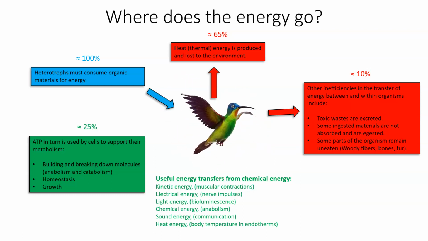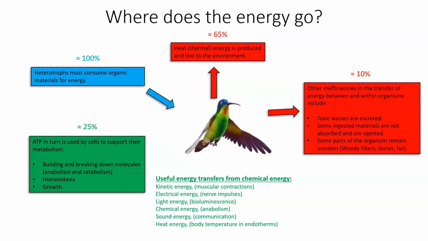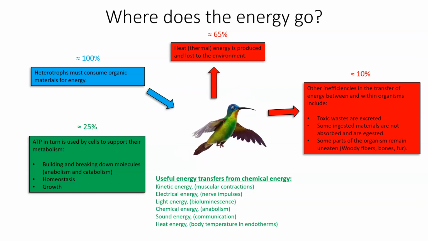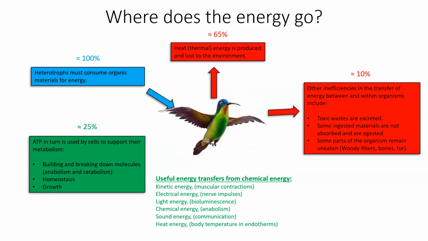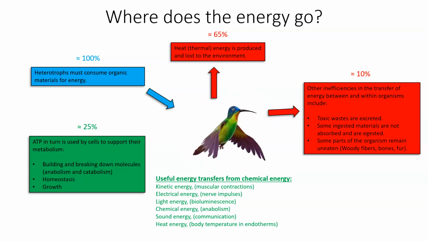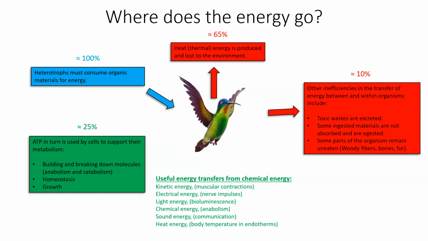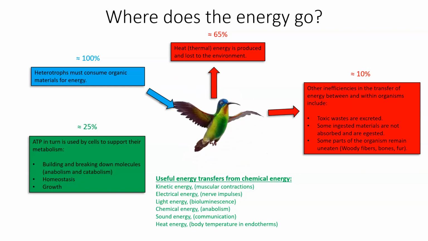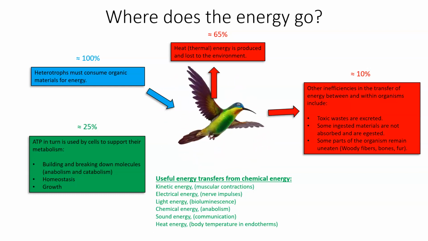All of those things require energy, and it's going to utilize roughly 25% of the energy that it consumed to just sustain its life. To keep itself alive, it has to use 25% of the energy that it consumes. It takes us 25% of the energy we consume to keep us alive. So that 25% is literally just life preservation.